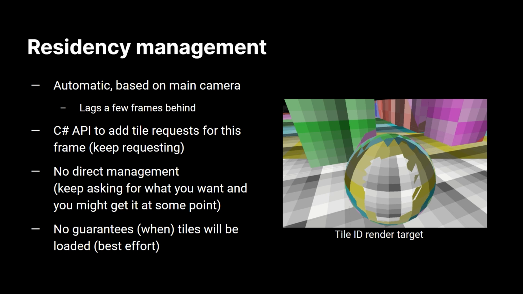You are not guaranteed that this will be in memory. You ask the system to stream something, and depending on the amount of memory and other constraints, it will try to do that. It might be able to do that within a certain time, but the data might never be loaded. So there are no guarantees. It's a best effort thing.